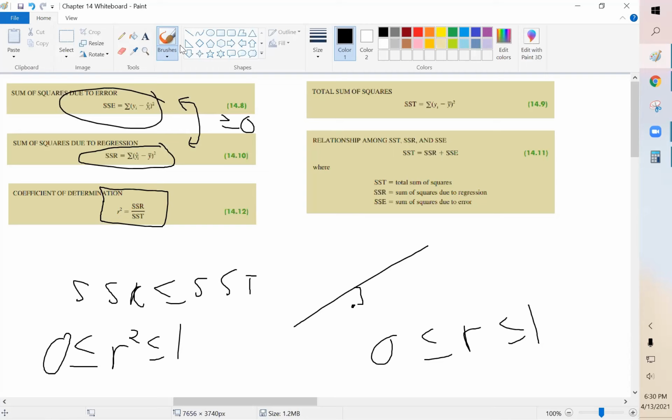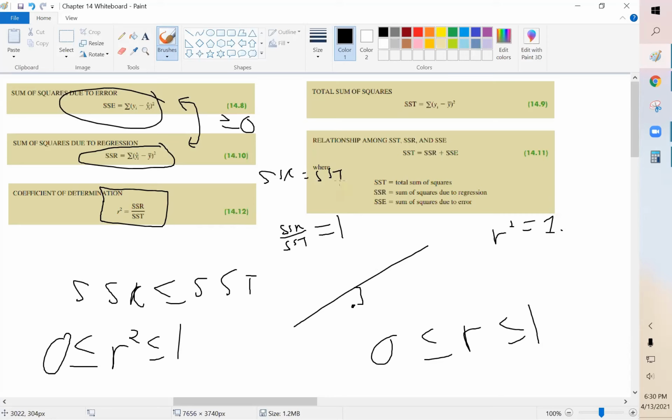One quick little note. Let's suppose we had R squared is equal to 1. In that case, we'd have SSR over SST. The reason why I'm covering this is because you might have it on web work. The SSR over the SST has to be 1. So therefore, SSR is equal to SST.